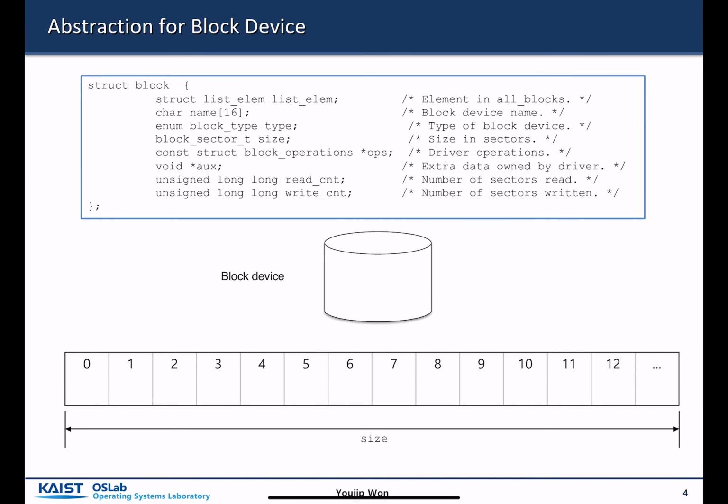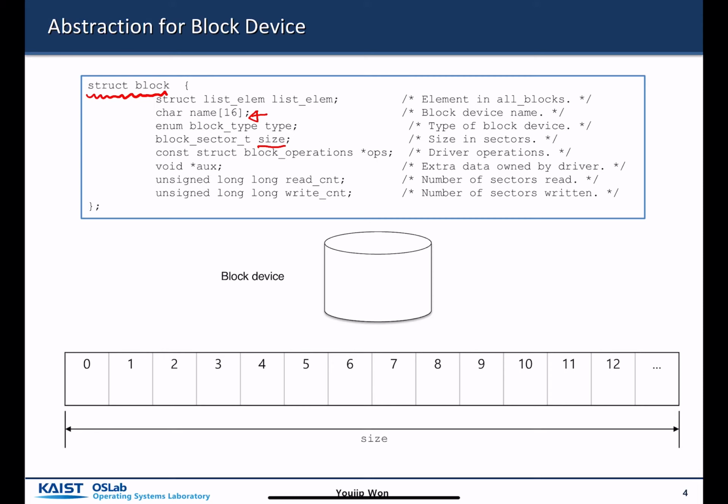This is how we represent a block device in the Pintos operating system. The data structure is named block. The most important attribute is the size, in terms of sectors. Then Pintos allocates a 16-character name as an attribute for the block device.